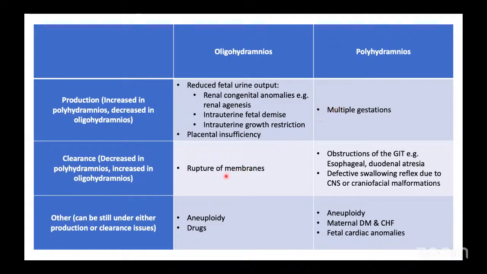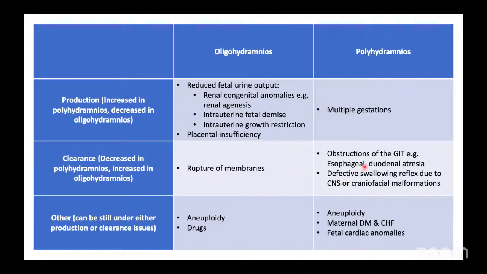As for increased clearance in oligohydramnios, this has to do with rupture of membranes, so it can be premature rupture of membranes. Well, it's actually premature rupture of membranes that leads to oligohydramnios. If it's just normal rupture of membranes, that's just before delivery, right?